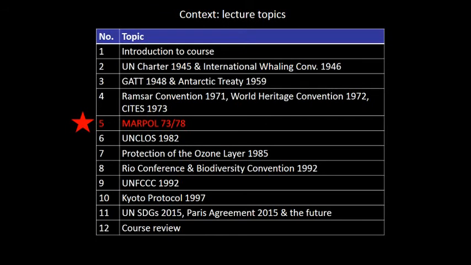So we looked in the last lecture at Ramsar, World Heritage and CITES. So MARPOL 73-78 comes in that sort of period, and in the next lecture we'll go on to UNCLOS, which was signed in 1982.